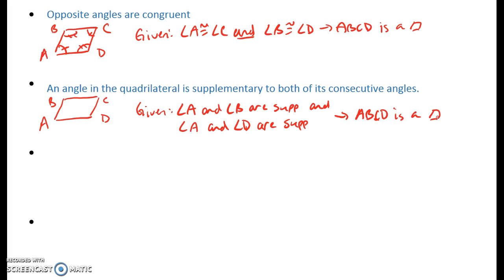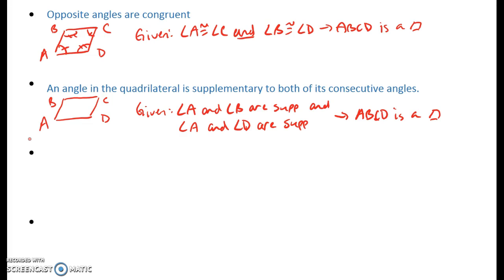And what this shows us here is that angle A is supplementary to both of its consecutive angles. So see how A and B are right next to each other and A and D are right next to each other? That means D and B are the 2 angles that are consecutive to angle A, right? So if we know that A is supplementary to both B and D, it's a parallelogram. Same thing, like if we knew that angle D was supplementary to both angle C and A, then we would have a parallelogram. So again, just 1 angle and both of its consecutive angles need to be supplementary.